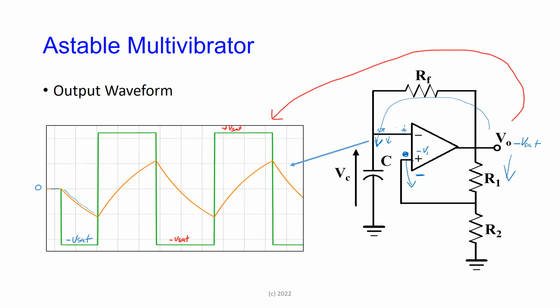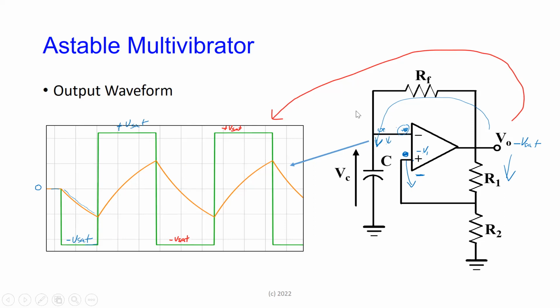At some point, the voltage here is going to get more negative than the voltage at the non-inverting terminal. If here is more negative than here, the output is going to saturate, but in the opposite direction because it's an inverting terminal. So the output, at the point where the inverting terminal is more negative than minus V1, is going to change from minus VSAT suddenly to plus VSAT.